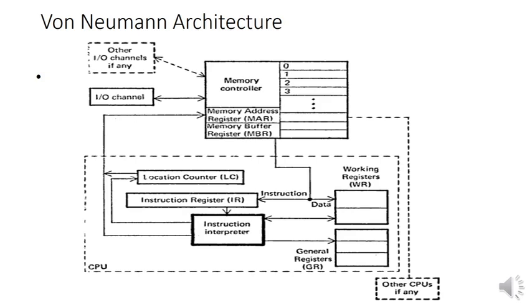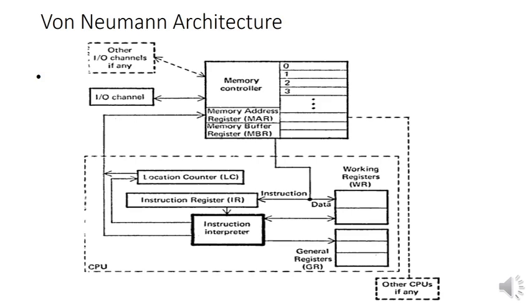See the von Neumann architecture. You can see that the input and output channel, if any, comes straight to the memory controller, and memory address register is in front of it. How it allocates all those spaces. The memory address, memory buffer register, then which comes to the main bus where you have your location counter.